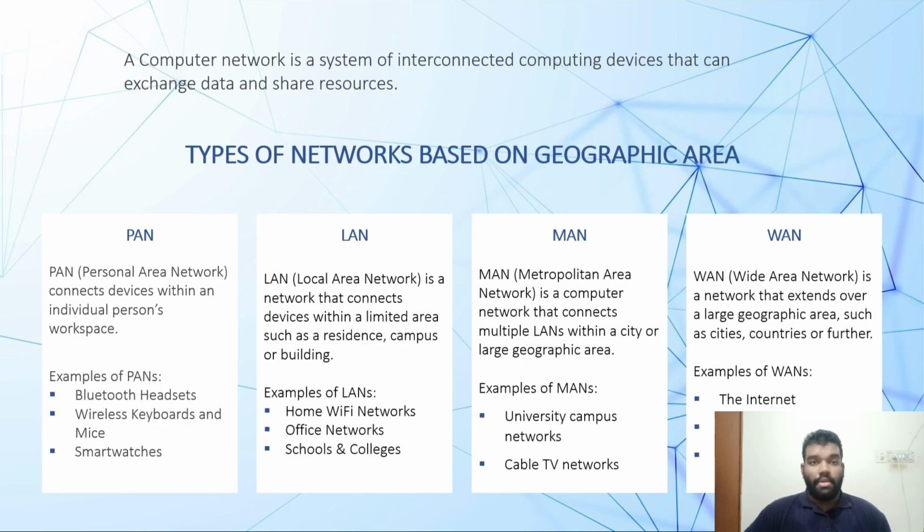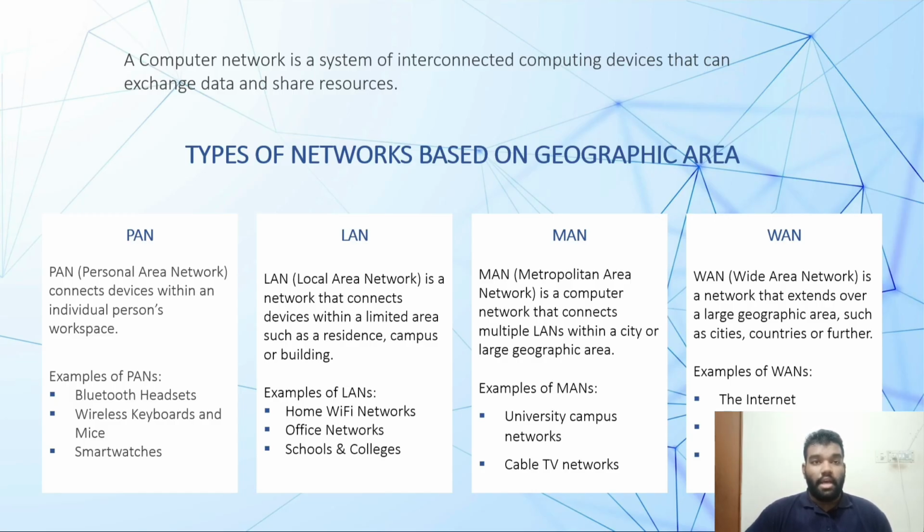This data can be documents, images, videos, and the hardware resources can be printers, scanners, storage devices. The software resources include applications, databases, and all this can be shared on a network.